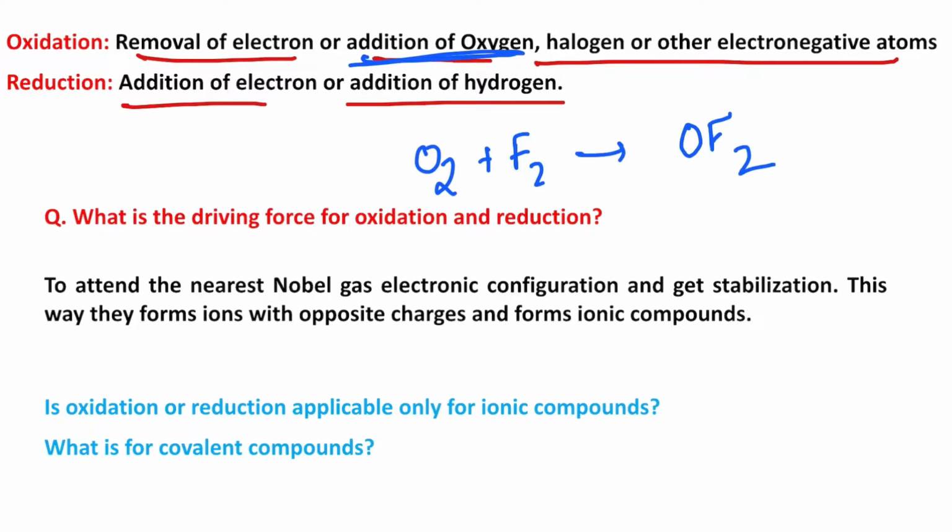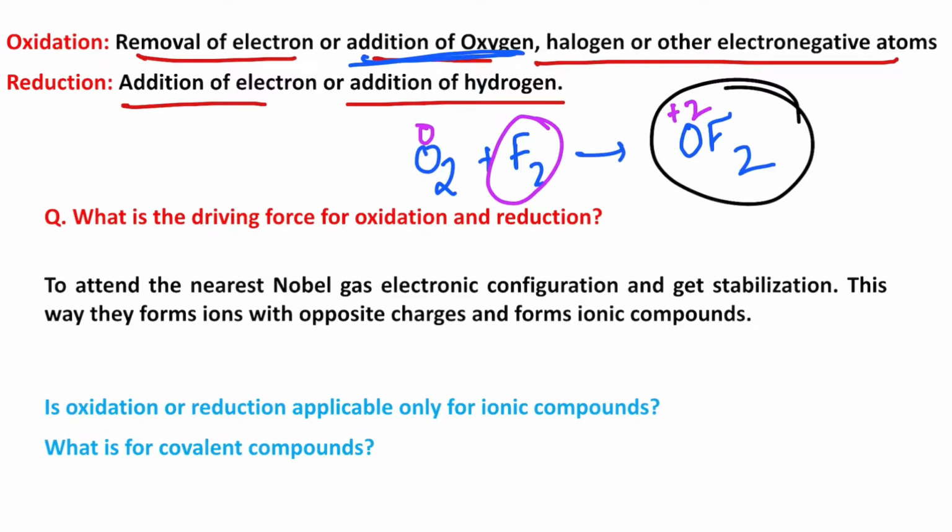Actually, the tendency of oxygen is to take electron, get reduced, but this is an exceptional example because oxidation state is 0 here. In this case it's -2, sorry, it's +2. Why? Because fluorine is more electronegative element, so fluorine itself oxidizes oxygen. This is an exception, please remember.